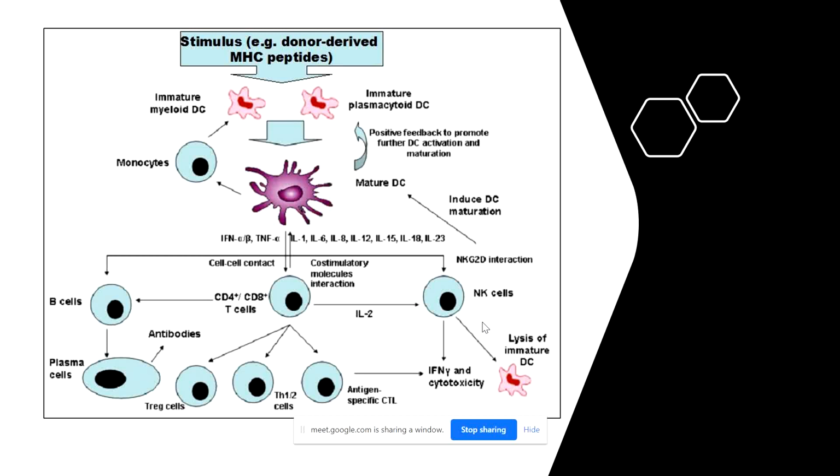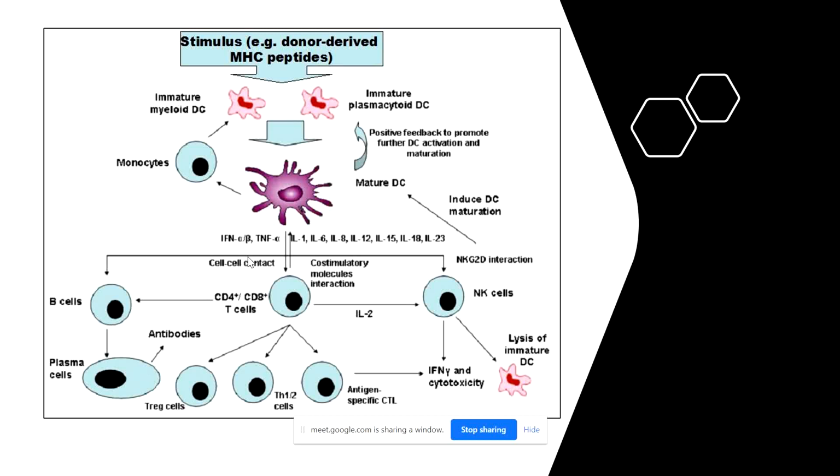Now following antigen capture and processing, these dendritic cells undergo maturation and migrate to secondary lymphoid tissues, where they present processed antigens coupled with MHC molecules, major histocompatibility complex, to T cells. It allows for the selection and expansion of antigen specific CD4 plus T helper cells, cluster of differentiation 4.